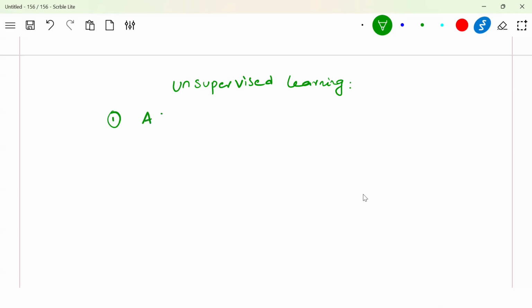The first one is association, and the second one is clustering. So now let us try to understand what is association. For that, I'm taking an example.